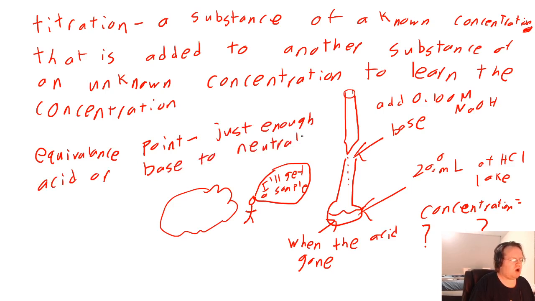So this will depend on what you're working with. If you have an unknown acid, it means you added exactly enough base to neutralize all of it. If you have an unknown base, it's just enough acid to neutralize all of it. That's the equivalence point. So the goal of this titration, at least in 1211, is just to find that equivalence point. You want to know exactly when you got rid of all the acid or base. And from that, you can figure out the concentration of the substance you're working with.